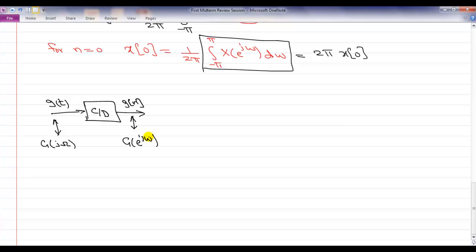Now the relationship, the way we went about it, is we actually had an intermediate function which we call Gp(j omega), where gp of t was defined as the summation from n equals minus infinity to infinity of g of n delta of t minus nT.